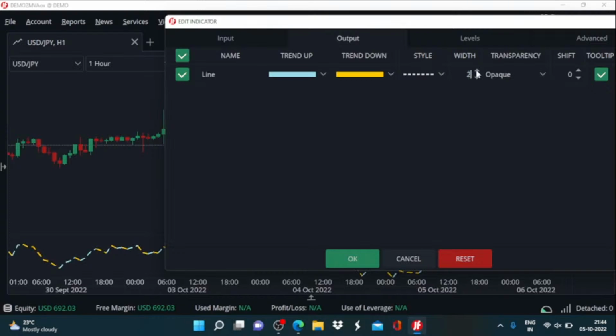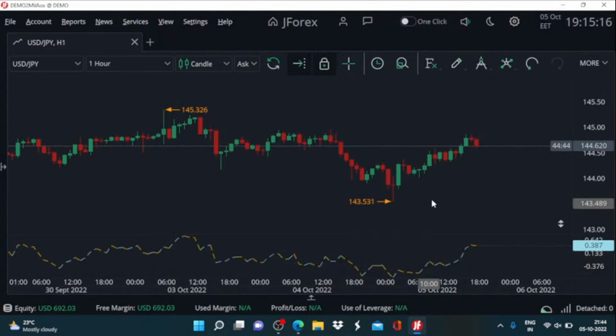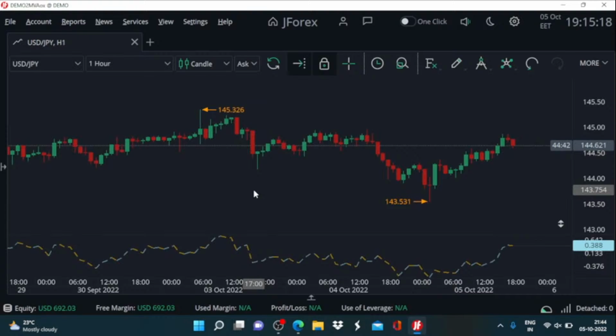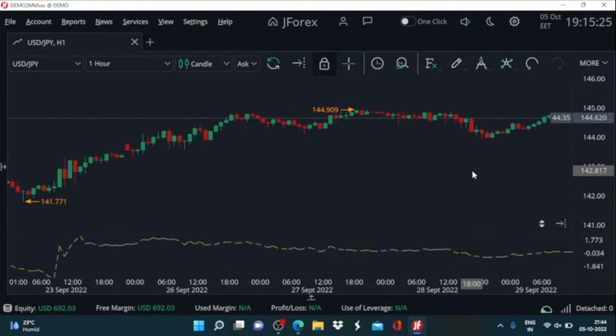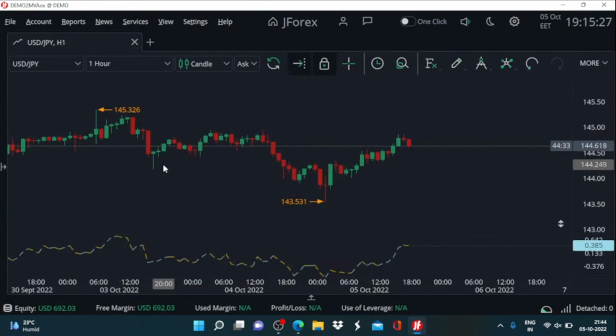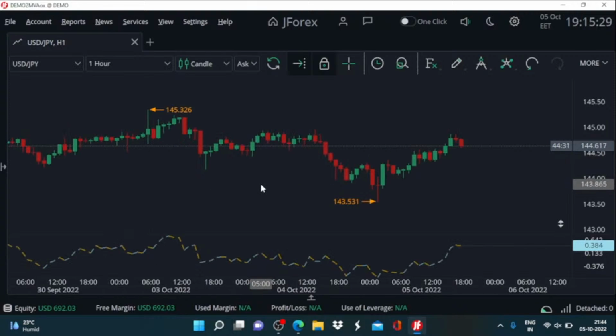You can increase its width as well. Transparency, if you want to lower it, you can do that as well. So we now have this line looking much more colorful, and it is much easier to spot the trend change, as we are defining this combination of two colors, one for the downside and one for the upside.